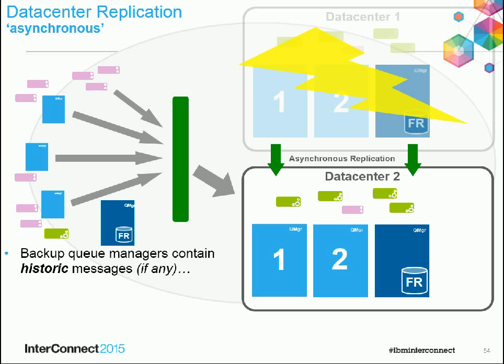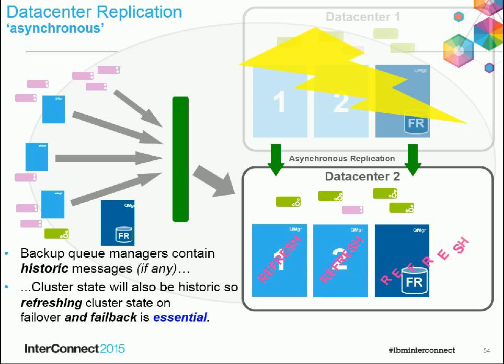But it also affects clustering, because cluster state is data held inside these queue managers. It happens to be messages on queues as well, but that's sort of irrelevant. The point is each queue manager in a cluster holds some state about what it knows about in the cluster. And by moving from data center 1 to data center 2 with asynchronous replication, that state could have gone back in time.